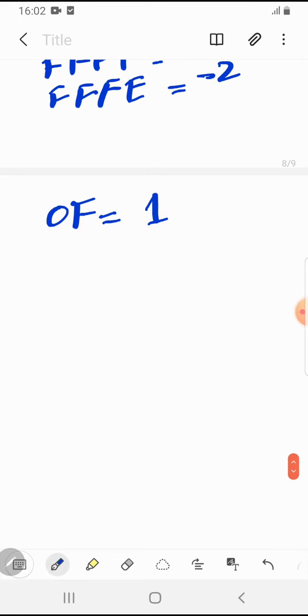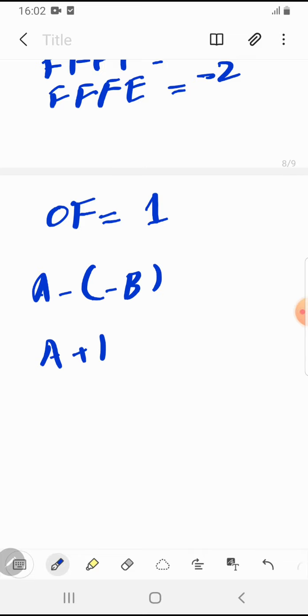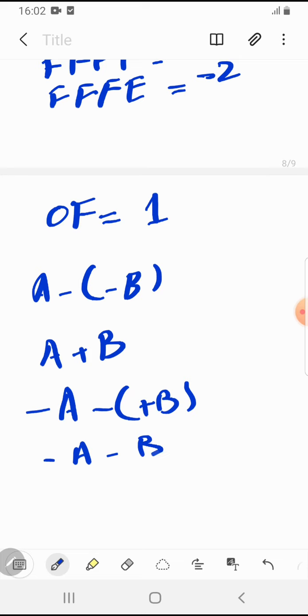So for example, a minus minus b is equal to a plus b. Similarly, minus a minus plus b is equal to minus a minus b, which is again the addition. Signed overflow occurs if the result has a different sign than expected.